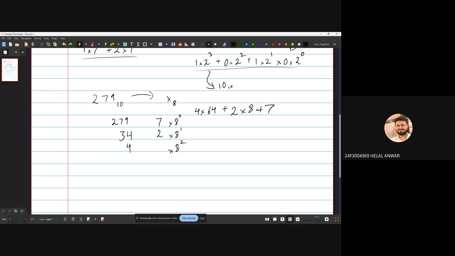Like if it is 3, then 2, 1, and 0. If it's 4, then 3, 2, 1, 0. Essentially that. So the final number that we get is 427. So 279 in base 10, we can write it as 427 in base 8. That is essentially how we convert this one.